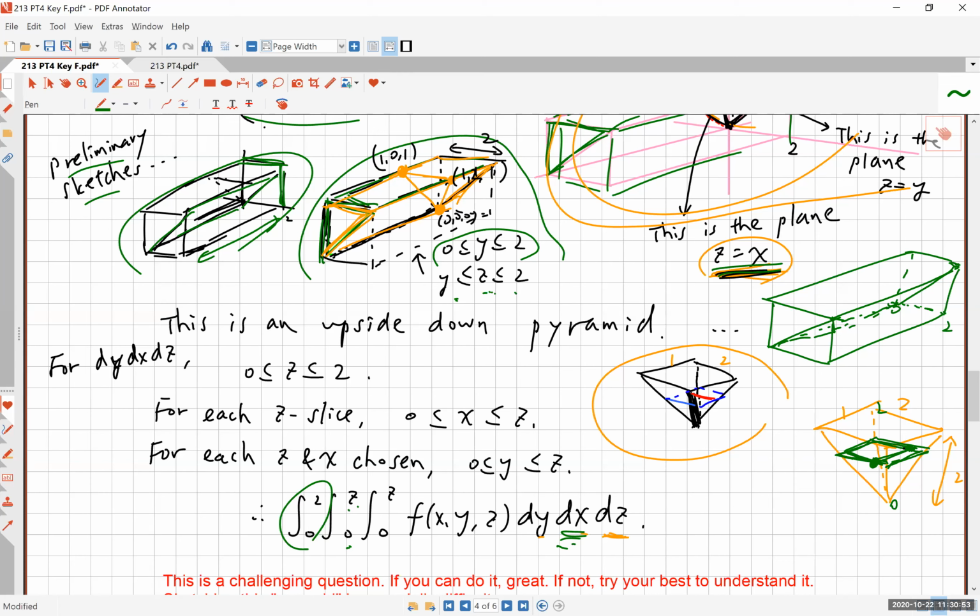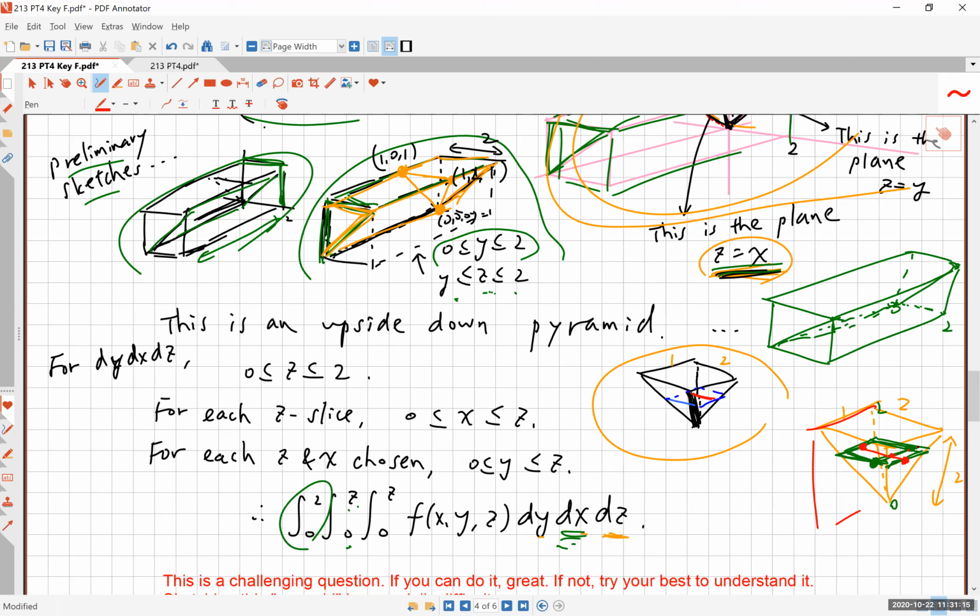And then for each z and x I picked, y goes from what to what? Well, y goes from this point all the way to here. So y always starts at 0, because this is a part of the xz plane, until it hits this point.